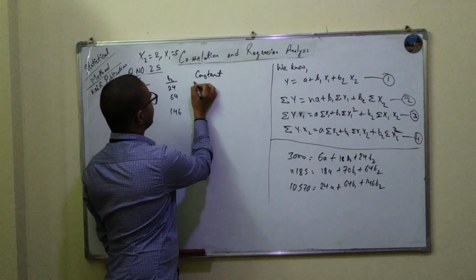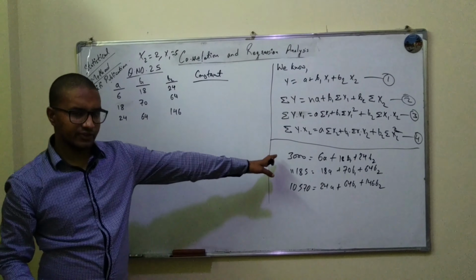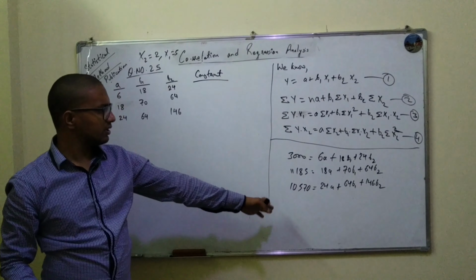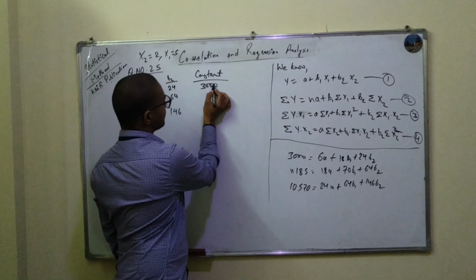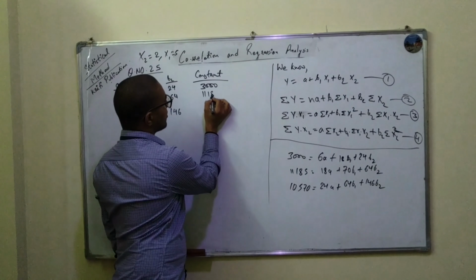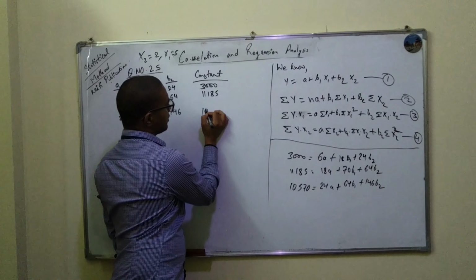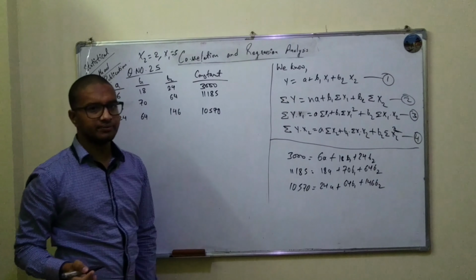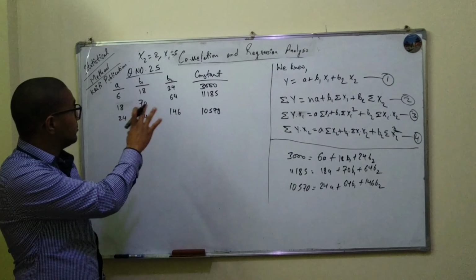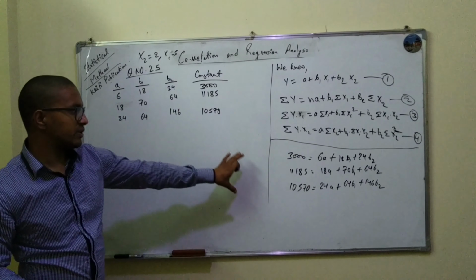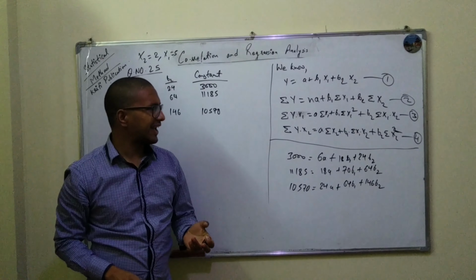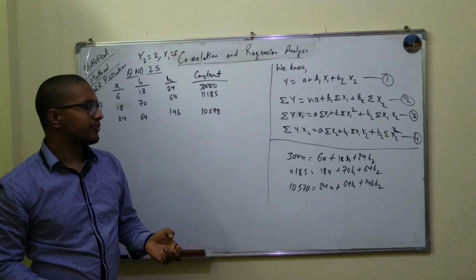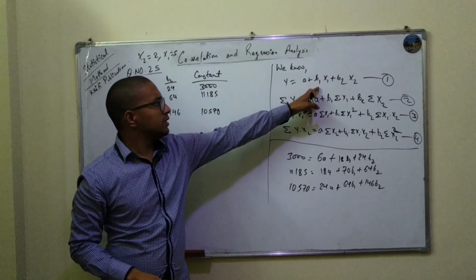What's your constant? It's all before the equals sign here. So 3000, 11,185, 10,570. So these are the basic numbers that we've derived from the equations. Next we will find out A, B1 and B2.